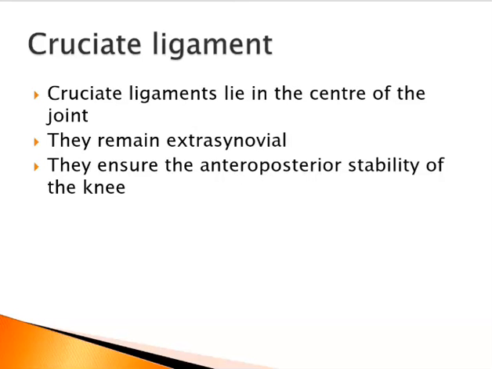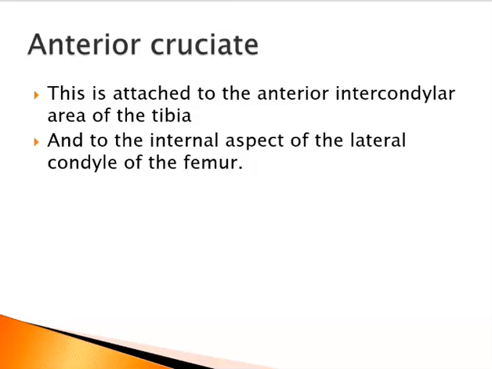Then we go to another ligament, that is cruciate ligament. Cruciate ligament lie in the center of the joint, that is knee joint. They remain extrasynovial. They ensure the anterior-posterior stability of knee joint. Anterior cruciate ligament.